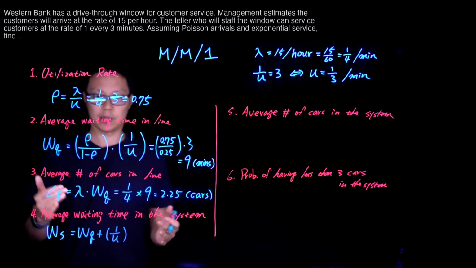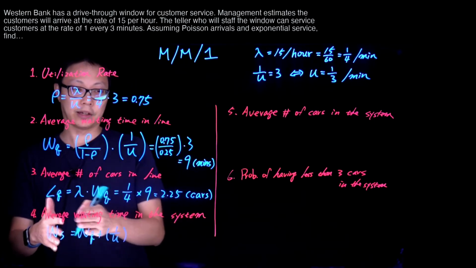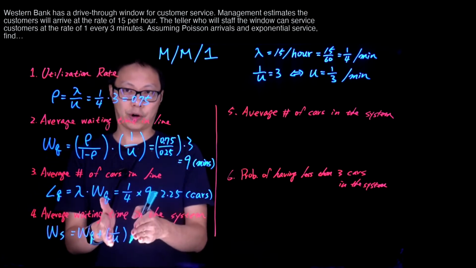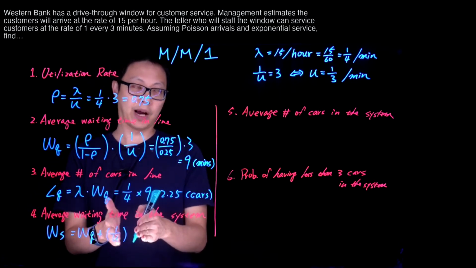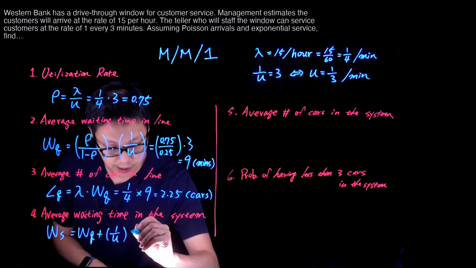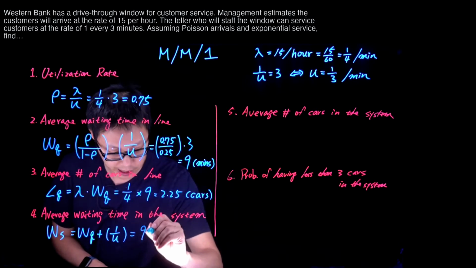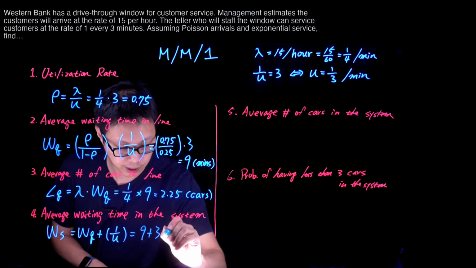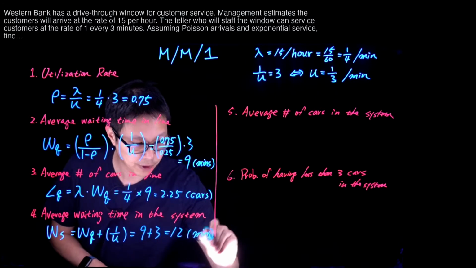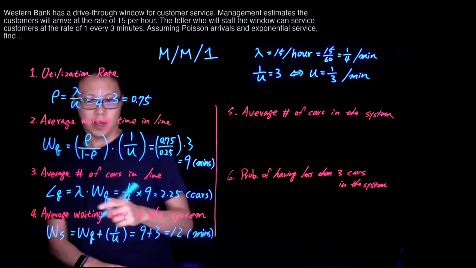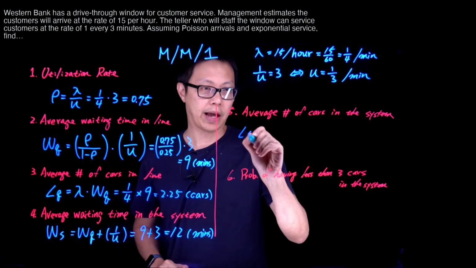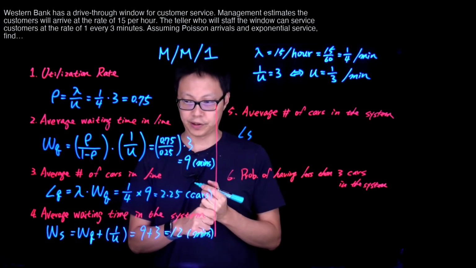This makes sense because your average waiting time in the system will be your average waiting time in the line plus your average time being served by the server. So in this case, I have 9 plus 3, which is 12. The unit is minutes.